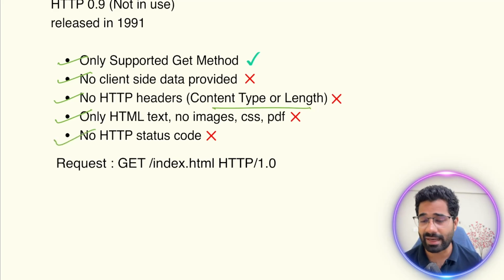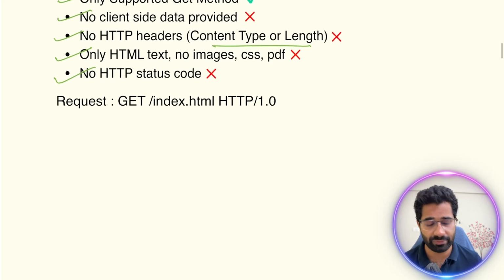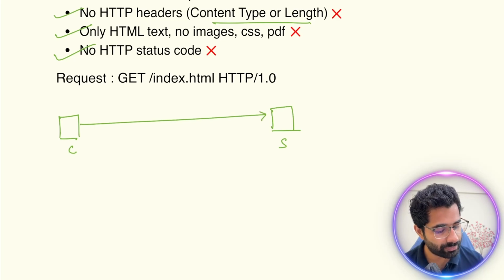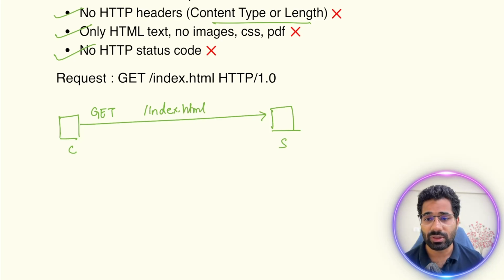So let's understand with the help of an example how it worked. Let's say we have a client and a server, and the client would request for a resource. So let's say it fired a GET with a path to the resource, say index.html.